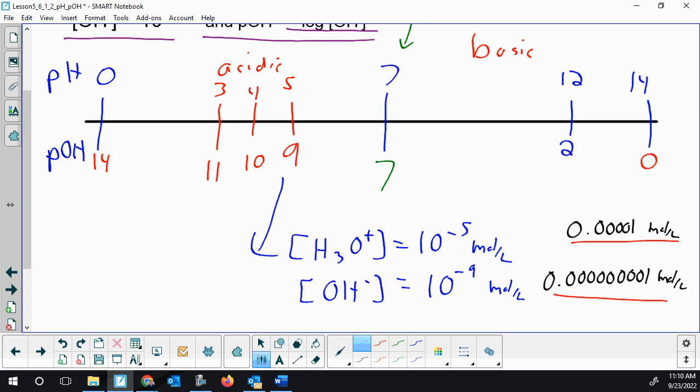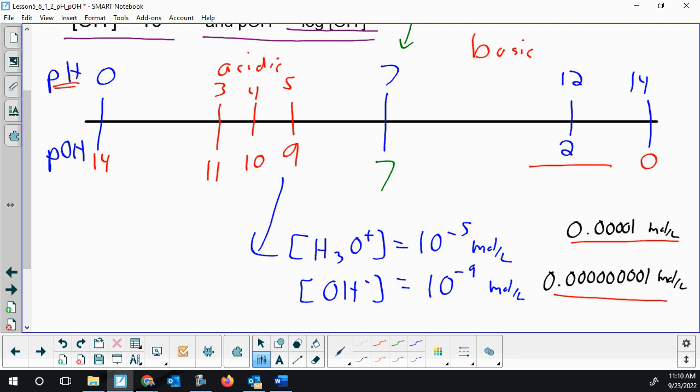So acids have low pHs. So saying acids have low pHs, bases have low pOHs. Opposite. So this does tend to hurt your brain. You have to know what you're doing. For most of you, drawing a little scale like this on your test somewhere and having it in front of you is a really nice visual to keep yourself straight as you're working through acid-base questions.